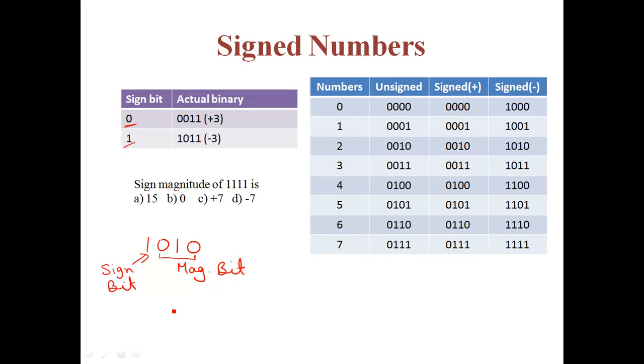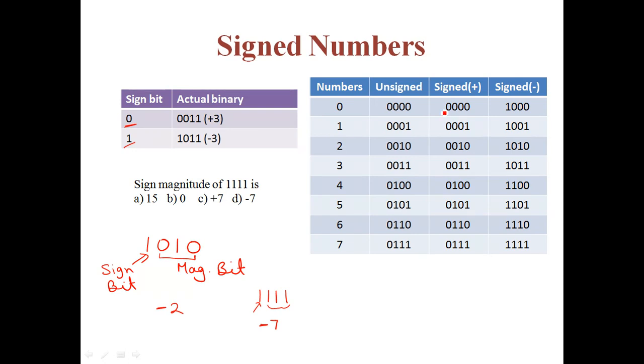So the number will be minus 2 if I am representing it this way. Then this will be the sign bit and this will be the magnitude bits, so the number will be minus 7. So if we have 1 in the MSB, that will be a negative number. If we have 0 in the MSB, then it will be a positive number.